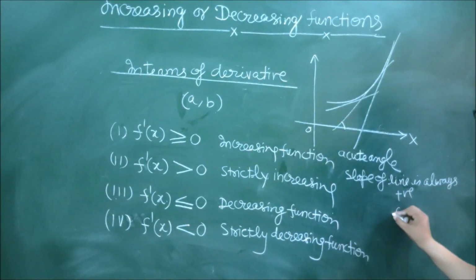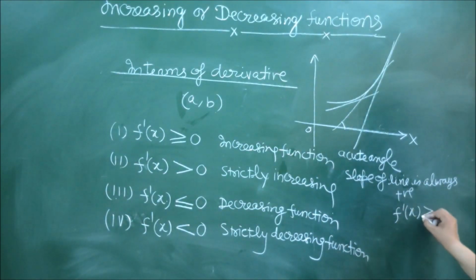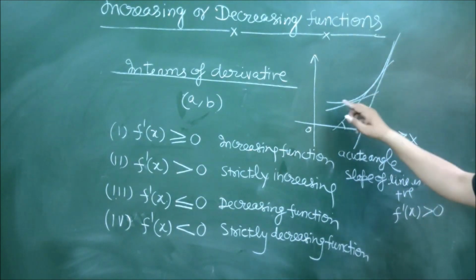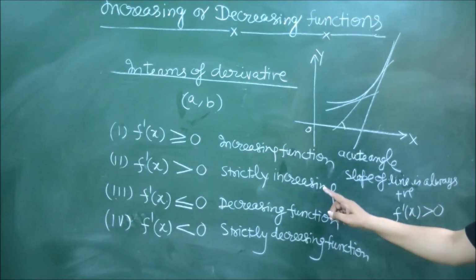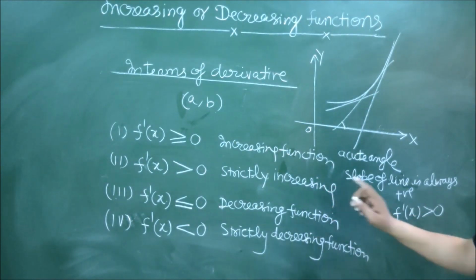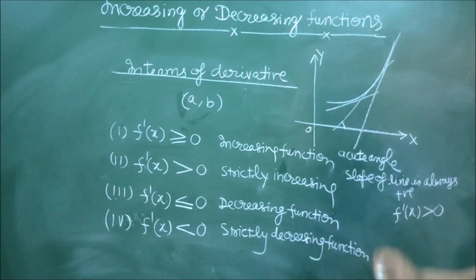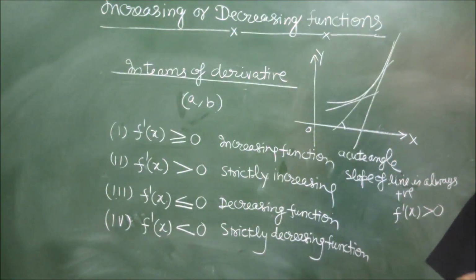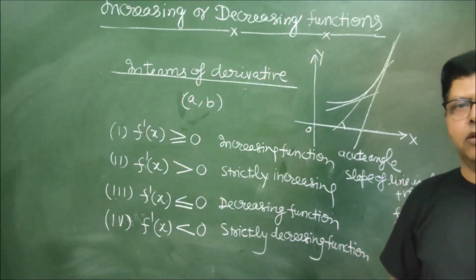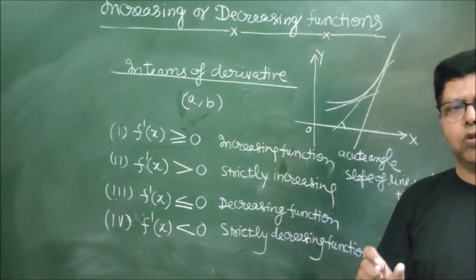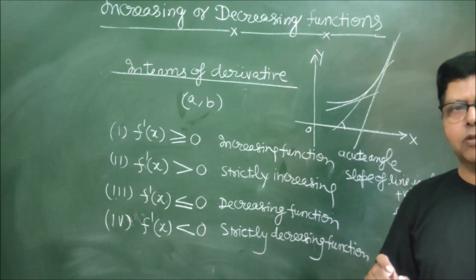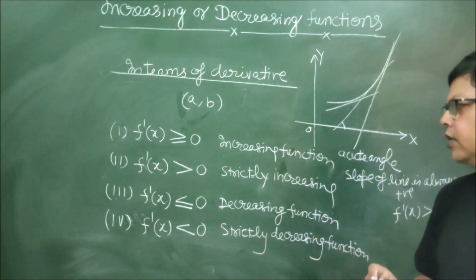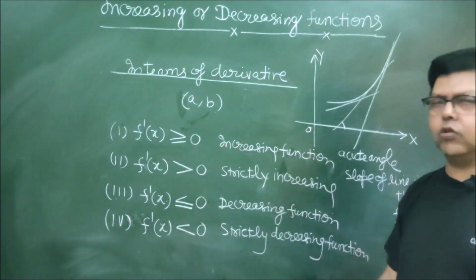That is, f dash x is greater than 0. So this is the case of strictly increasing function. But equal to 0, there are certain points at which the tangent is parallel to the x-axis, or the function is constant for a particular interval. At those points the value of f dash x is equal to 0. That's why in the increasing function we put equal to 0 also.